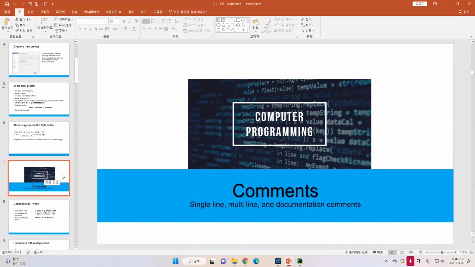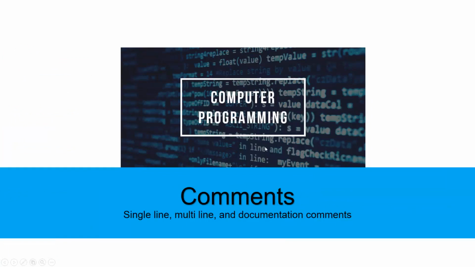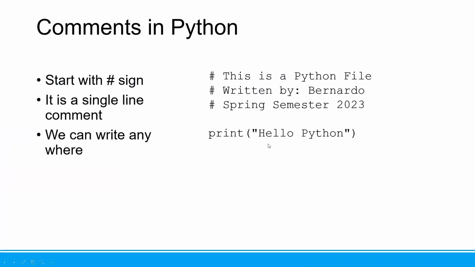So the next is about comments. In the first part of Python that we learned last time, we learned about comments. Comments in Python start with the sharp sign. So for example, this is a Python file written by Bernardo, spring semester 2023.